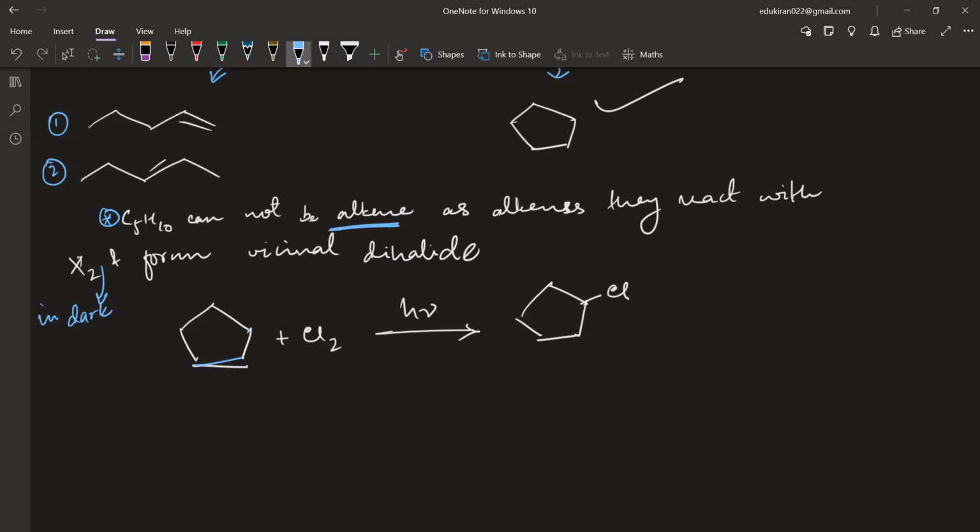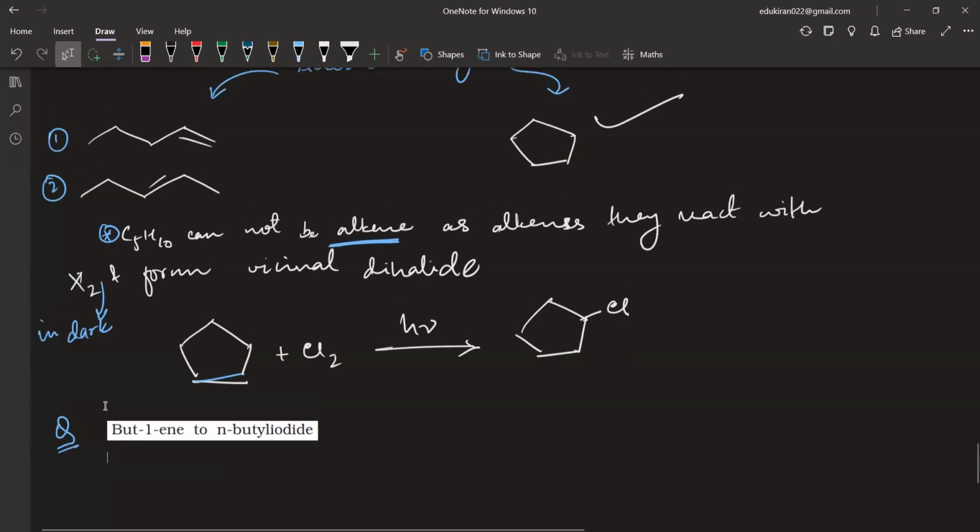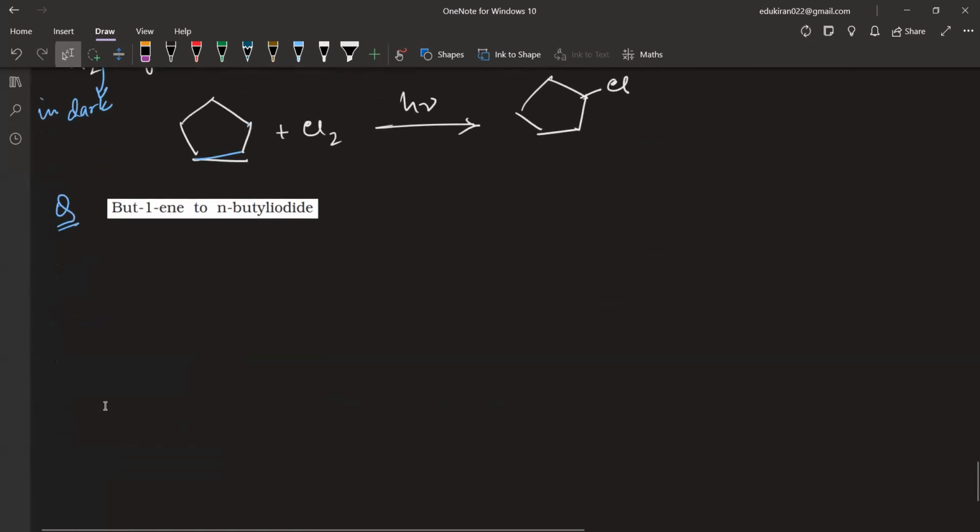This is a similar question, but the name is a bit different. So how will you convert but-1-ene to n-butyl iodide, normal butyl iodide?